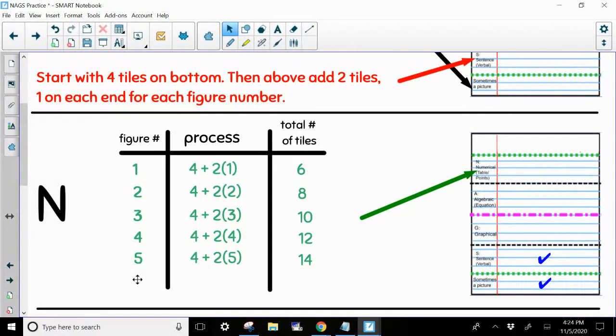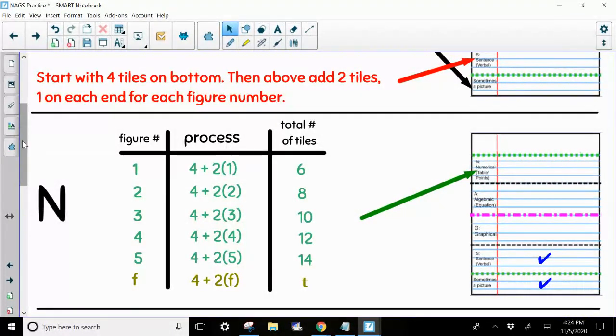For figure, I think F is a pretty good label, and this is going to help us with our algebraic. And then we're going to put our process, so we're going to do 4 plus 2F, because for any figure number, we can just plug it right into our process, and then we'll be able to get our output of total tiles, which we're going to label as T in this situation.